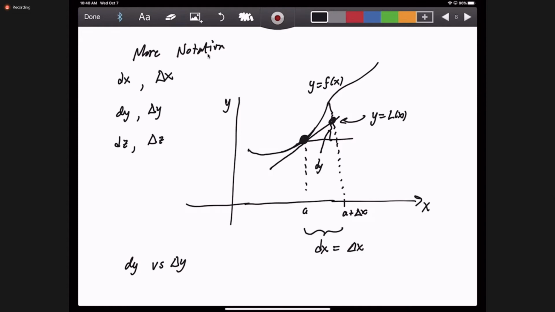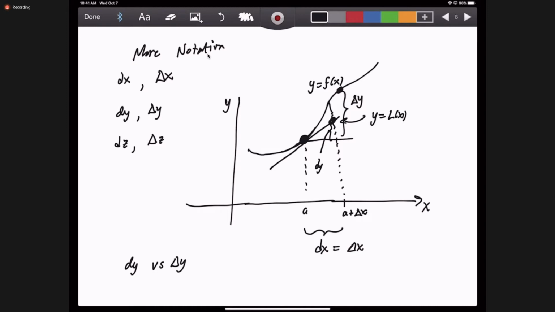The true delta y is the true difference in the y values between the function at that new x value and our base x value. So if we say that the linearization is a good approximation, what that means in this context is that delta y is well approximated by dy as long as we're close to our base point.